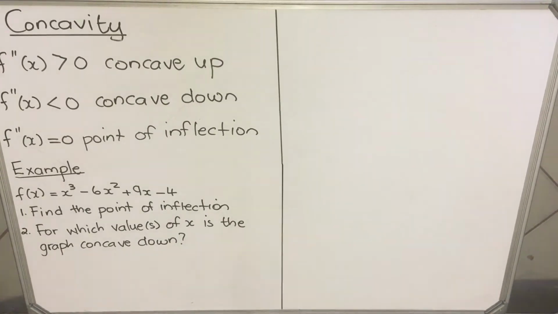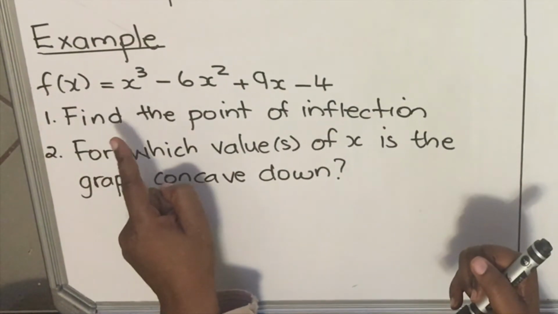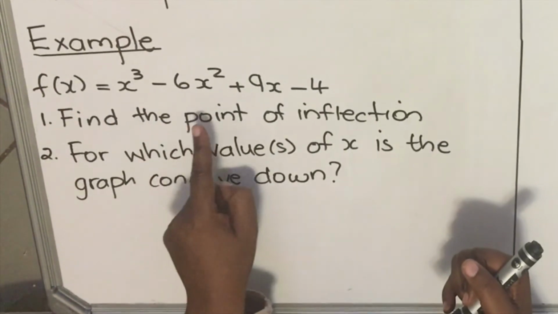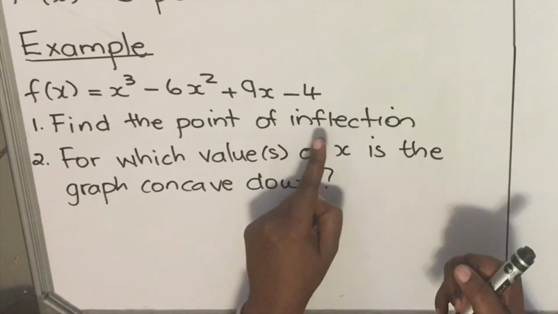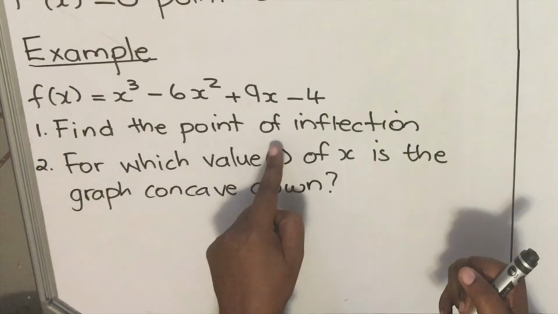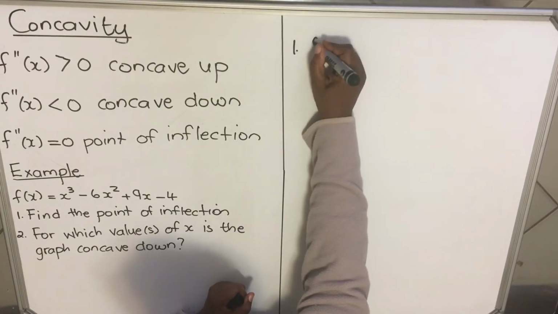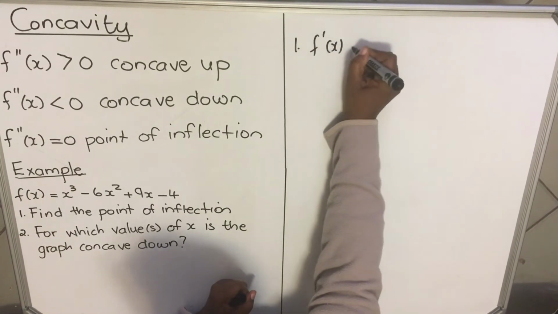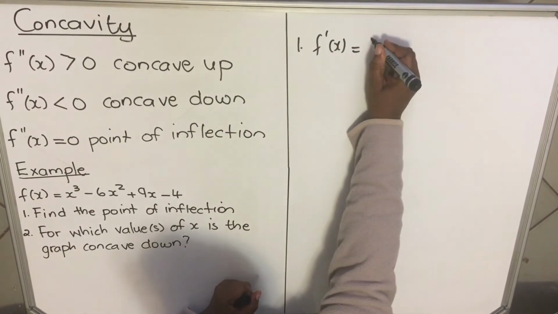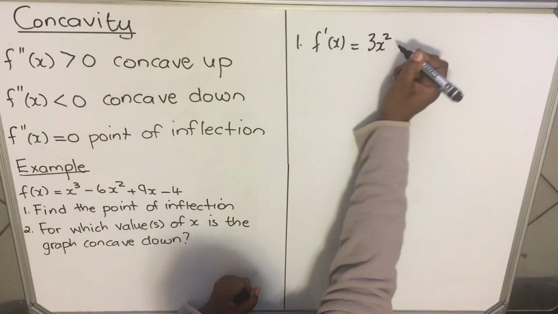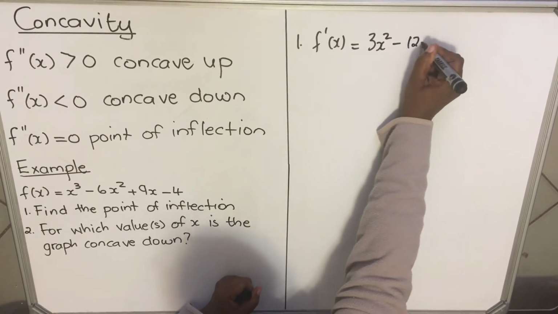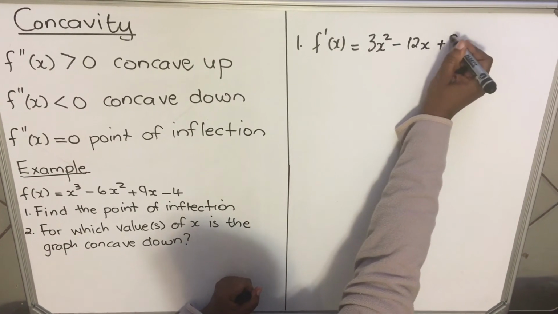Okay, let's look at an example. Our function is f(x) = x cubed minus 6x squared plus 9x minus 4. They say find the point of inflection, number 1. So I'm going to do the first derivative using the power rule. I'll have 3x squared minus 12x plus 9.